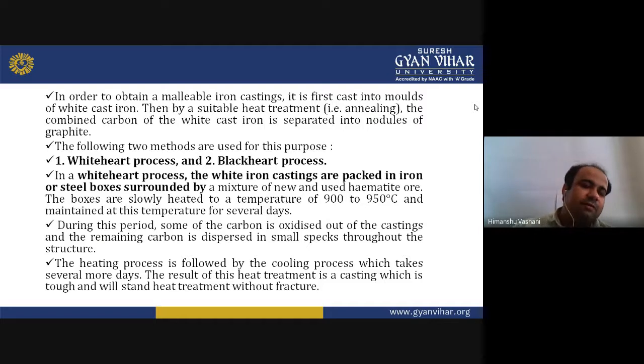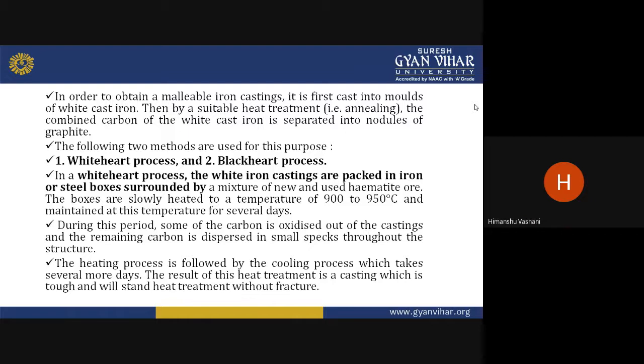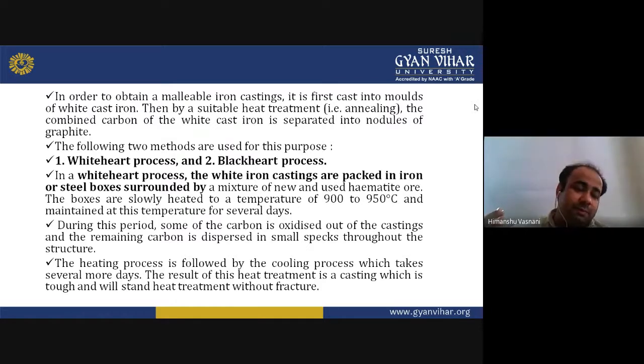The boxes are slowly heated to a temperature of 900 to 950 degrees centigrade and maintained at this temperature for several days, depending upon the casting.